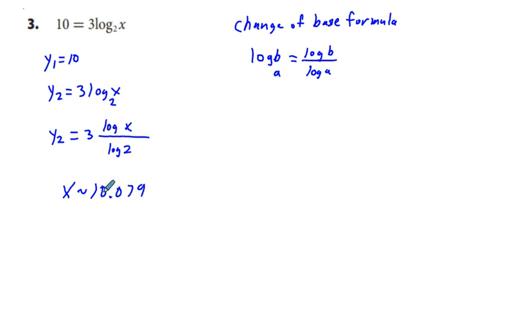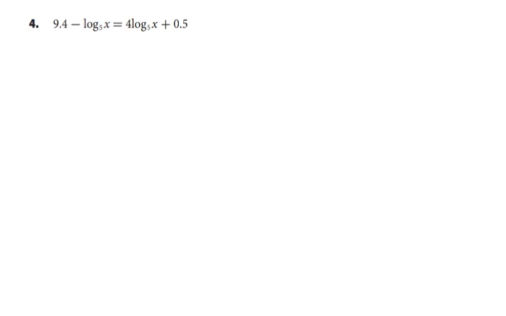So that will be it. Our answer for problem 3. Next, problem 5. We have the equation 0.2 ln x, and ln x is equal to the log base e of x.